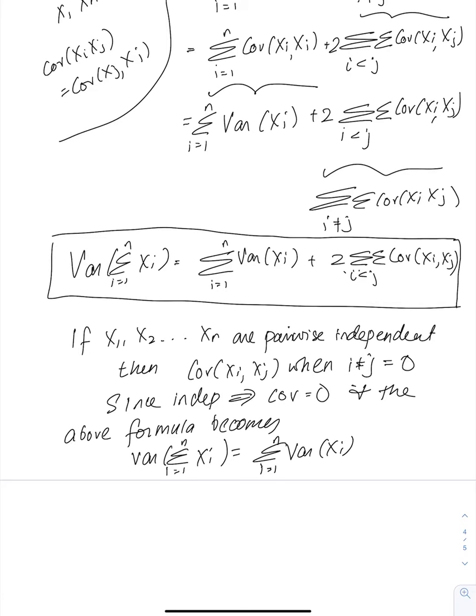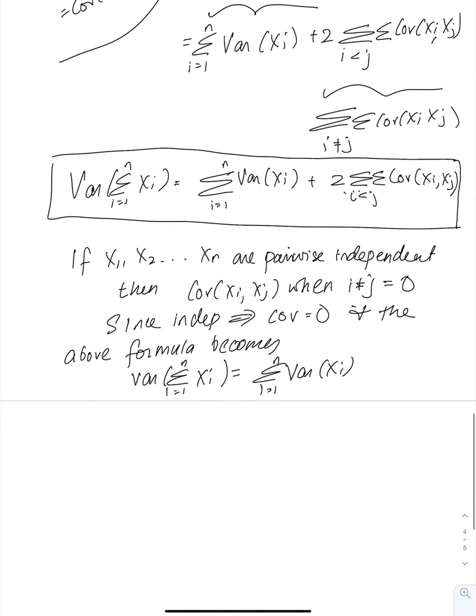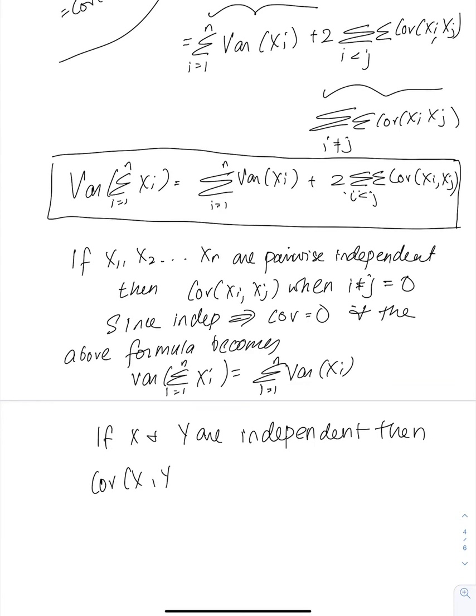Okay, why? Because if you have independence, let me step back a second and prove it. So if x and y are independent, sorry, I should have mentioned this before, then covariance of x, y is 0. Why?